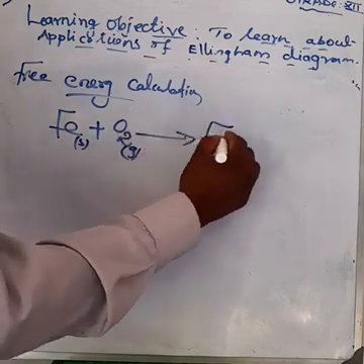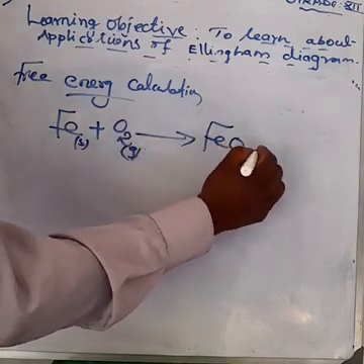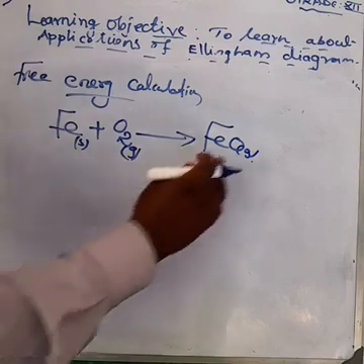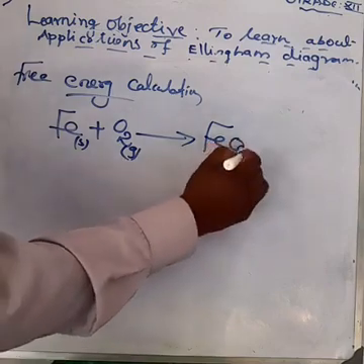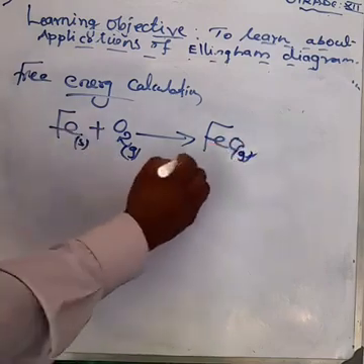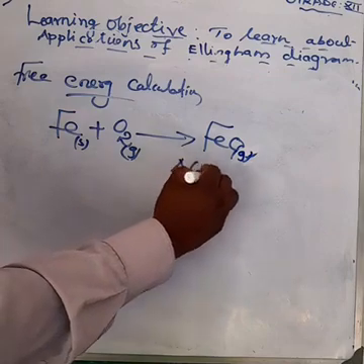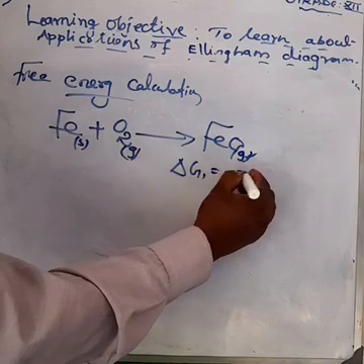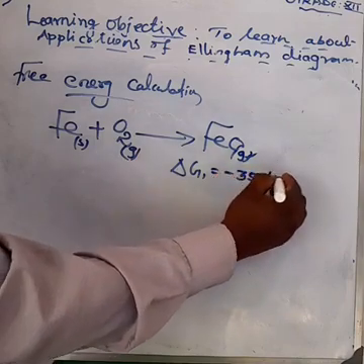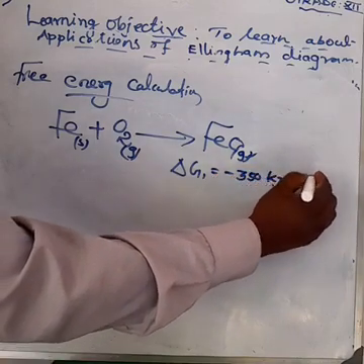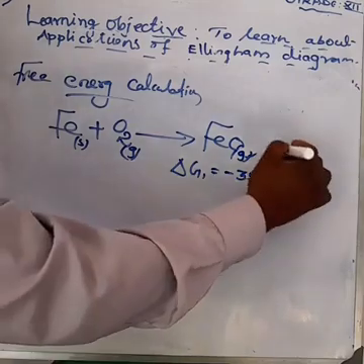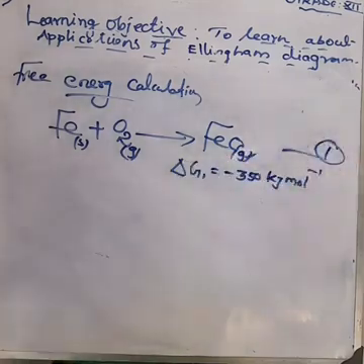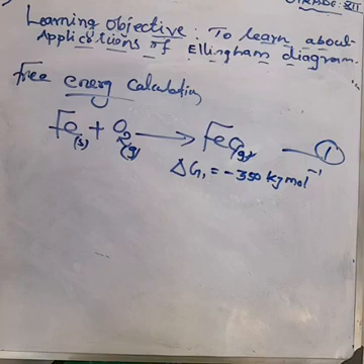We have to balance the equation. For the first equation we give the delta G1 value, about minus 350 kilojoules per mole. That is the delta G0 value for the conversion of iron into iron oxide.